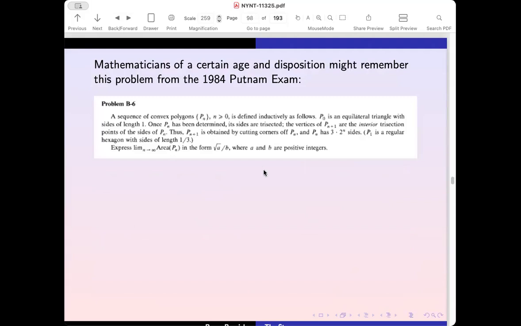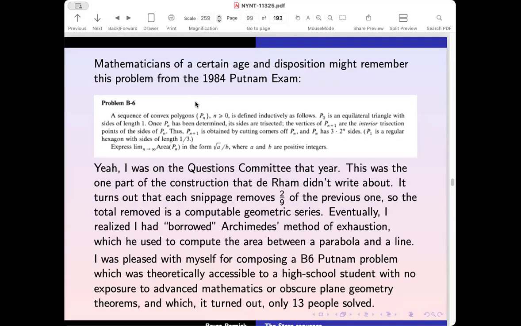So mathematicians of a certain age and disposition might remember this problem from the 1984 Putnam exam, where you take these polygons and you start with an equilateral triangle, snip off the corners, and try to find the area. Well, I was on the questions committee that year. I put that on there. This was the one part of the construction that Grünbaum didn't write about.